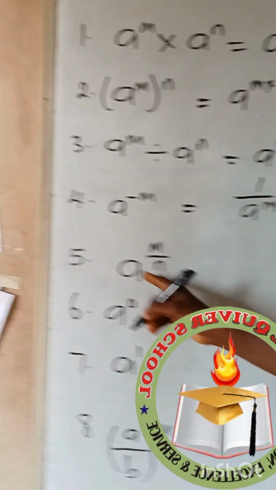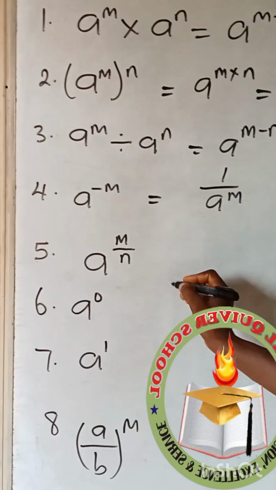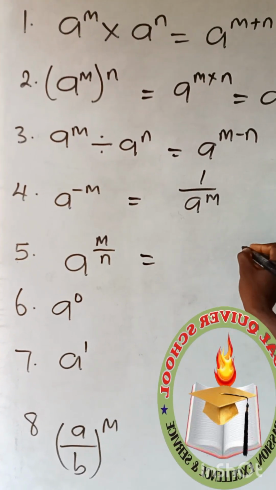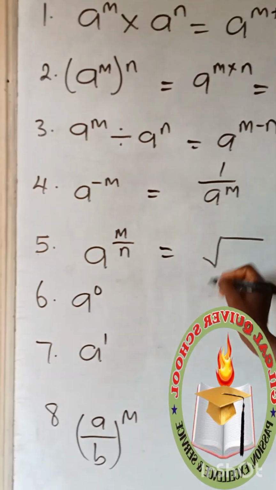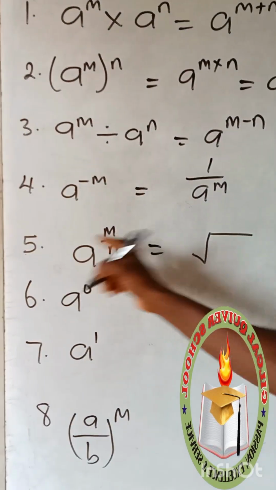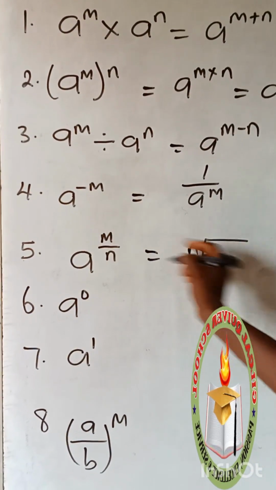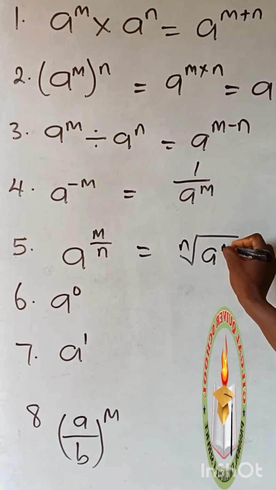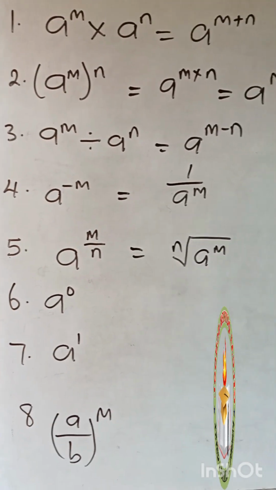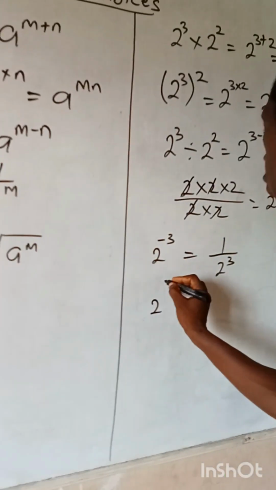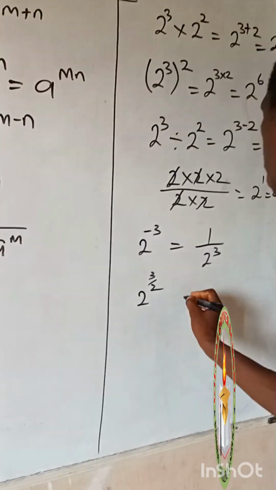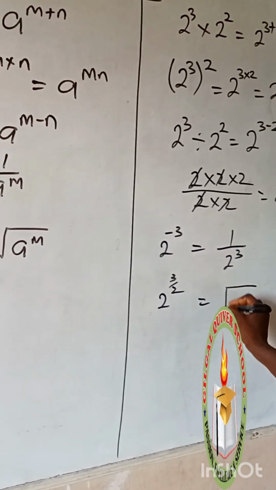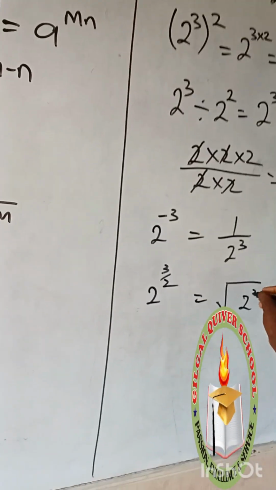Here, if you have a raised to power m over n, this will come outside here, and this will come inside. So the nth root of a raised to power m. So if you have 2 raised to power 3 over 2, then you are going to have the square root of 2 raised to power 3.